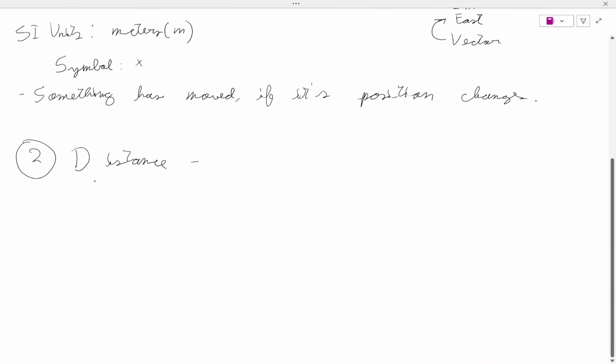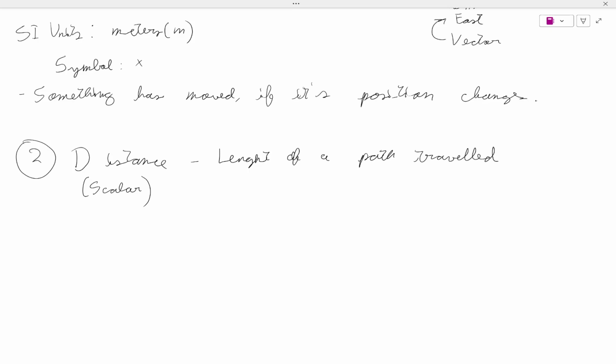It's a scalar quantity, all right? It's just the length of a particular path, which is the path traveled, all right? As a unit, meters. That comes up a lot.